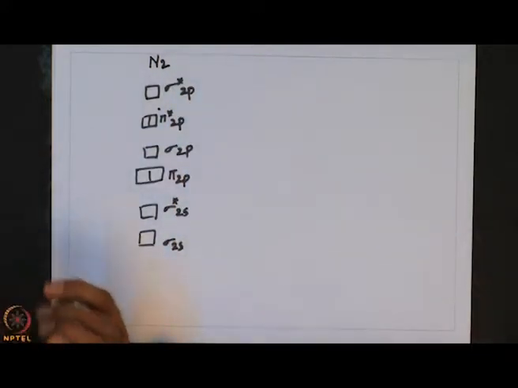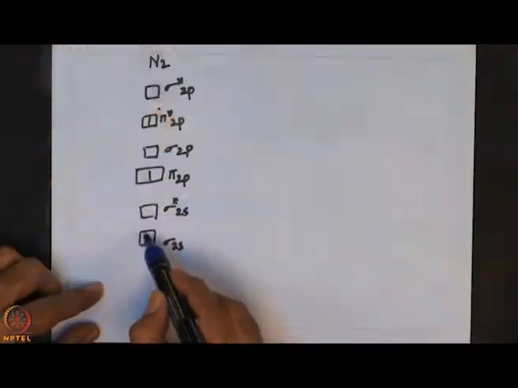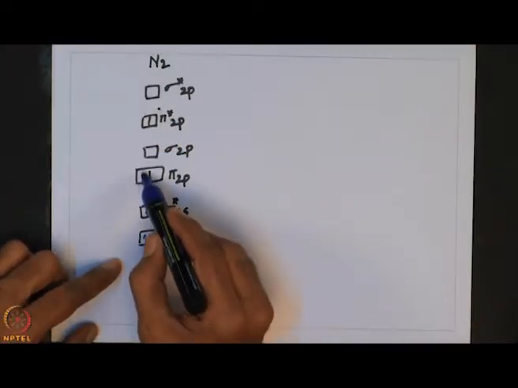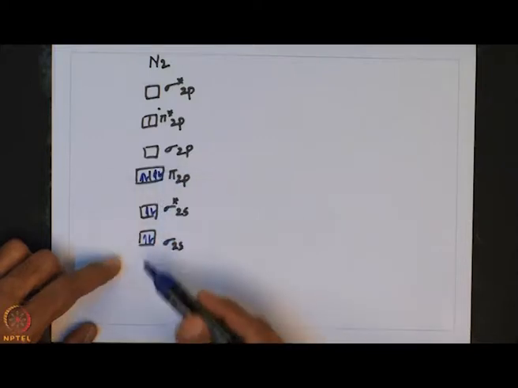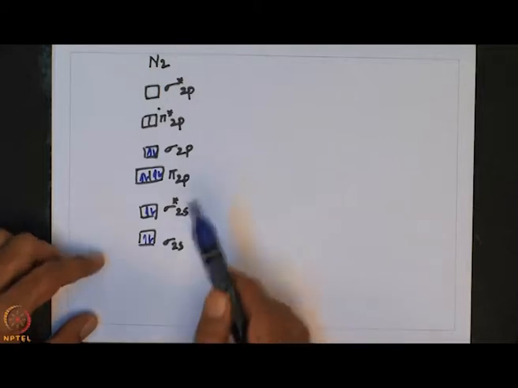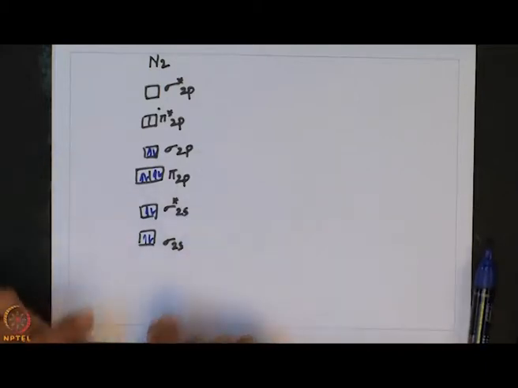That is 1s2, 2s2, 2p3, so we have 5 electrons from each nitrogen. We have 10 electrons, and those 10 electrons have to be filled here. 2 electrons will go here, 2 here, 2 here and 2 here: 2, 4, 6, 8 and this is it. So this is how you can show the filling order for N2.